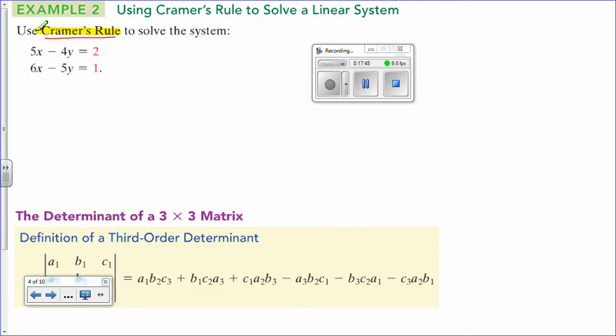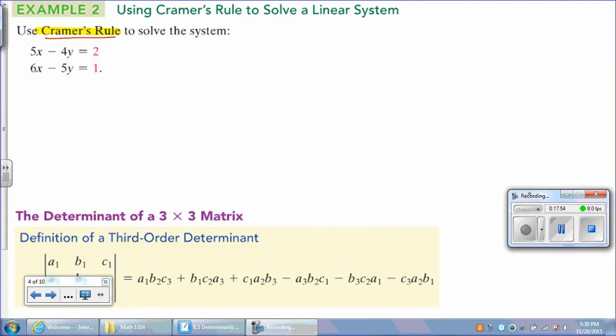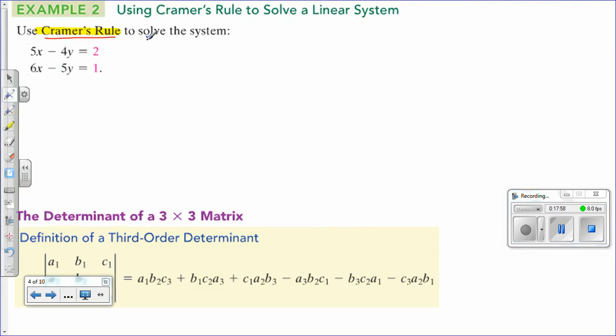So please make sure you do use Cramer's rule and not another method. The first thing we need to do here is, of course, create the coefficient matrix. That will be the matrix 5, 6, -4, and -5.